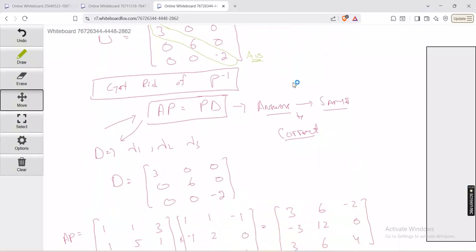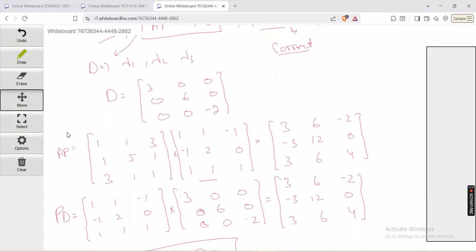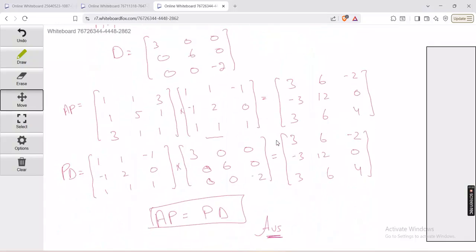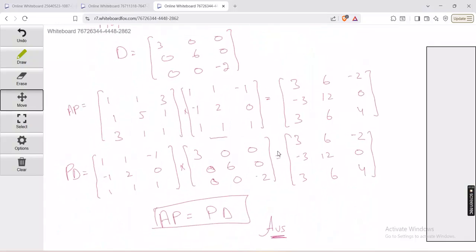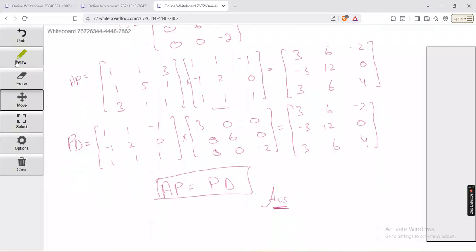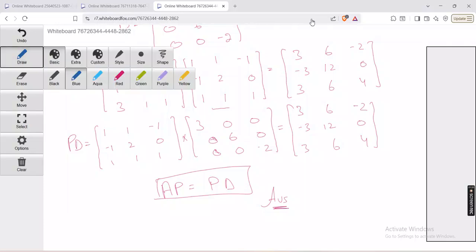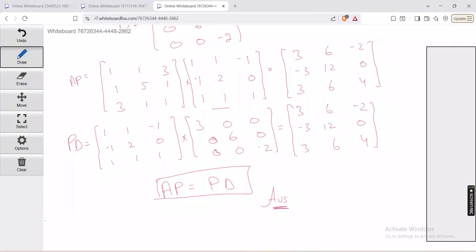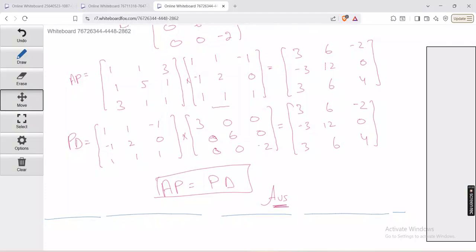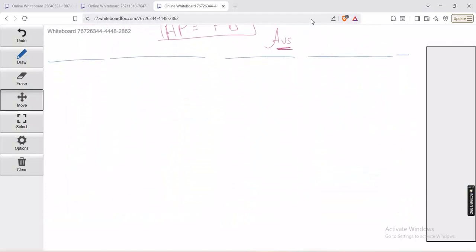D is the diagonal matrix. Then you just have to show that AP and PD are equal. Once you reach here, it means your answer is correct. Okay, it's very easy, but you just need to practice. If you don't practice, you cannot solve it. Practice can make you perfect.